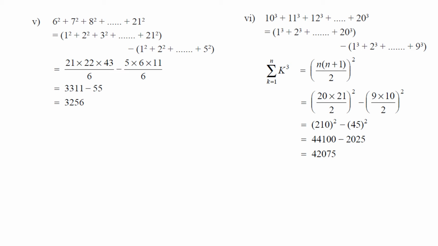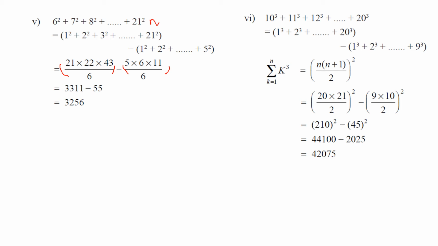Here n is 21, therefore 21 into 21 plus 1, 22, into 2 into 21, 42, plus 1, 43, by 6. You put it in a separate bracket. And next also, n is 5. 5 plus 1, 6. 2 into 5, 10, 10 plus 1, 11, by 6.